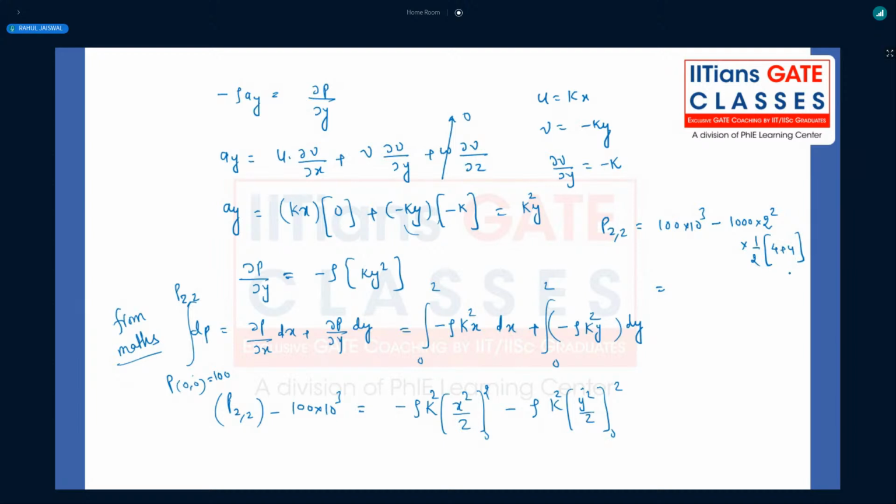So if you calculate 1000 into 4 into 8 by 2, that is 100 minus 16 into 1000. That is in pascal, but we need to calculate the pressure at 2 comma 2 in kilopascal. So that will become 84 kilopascal. Right, so this is how we need to calculate this particular question.